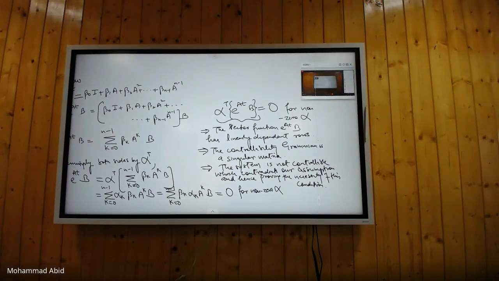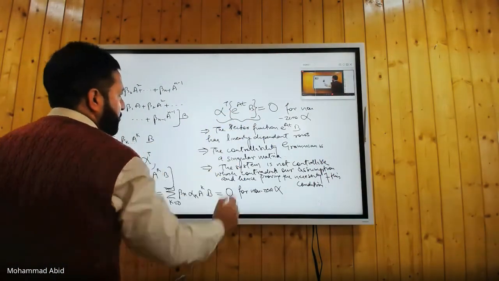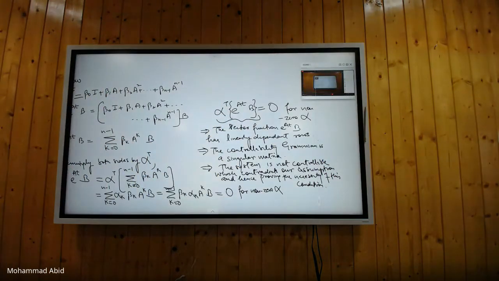What I have got here is that alpha transpose e to the power A^T t B is equal to 0 for non-zero alpha. So this alpha transpose e to the power A^T t B is actually a linear combination of its rows or columns, whatever the case may be. If it is equal to 0 for non-zero alpha, that actually means that it has got linearly dependent rows.